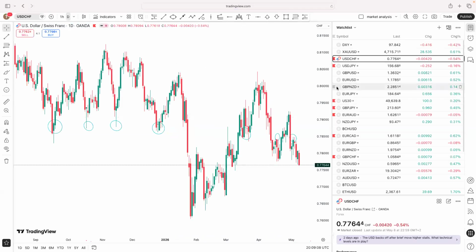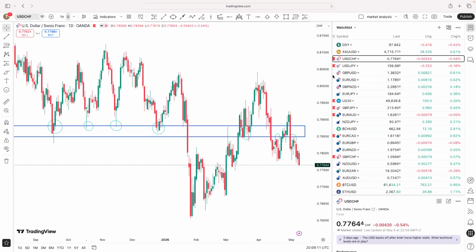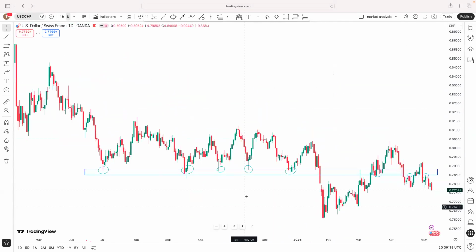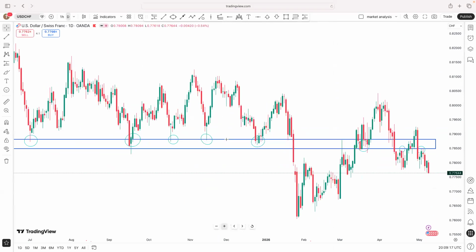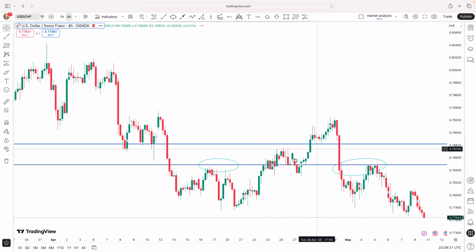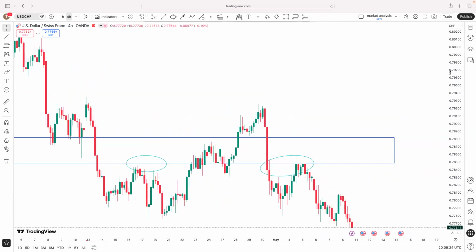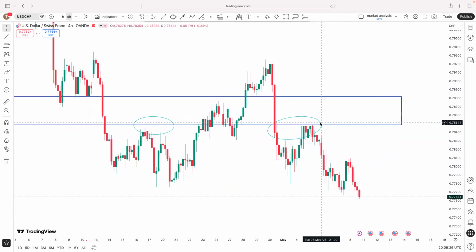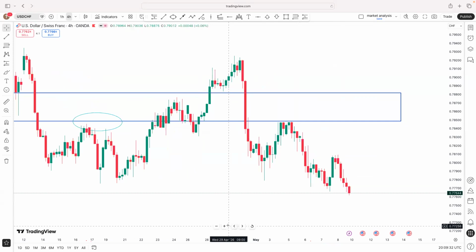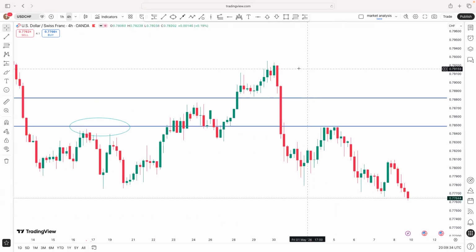Okay, so this is USDCHF, on H4. This was the H4 that we spoke about. So this was the sideways trend.